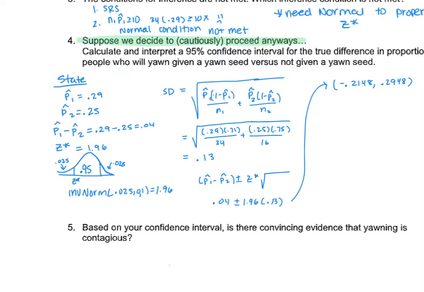It's okay for the proportion or the interval to have a negative value because that means that P2 is bigger than P1. That's all that means. So now we can interpret it.